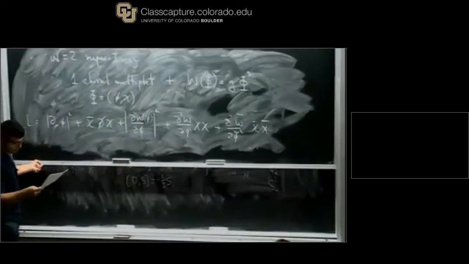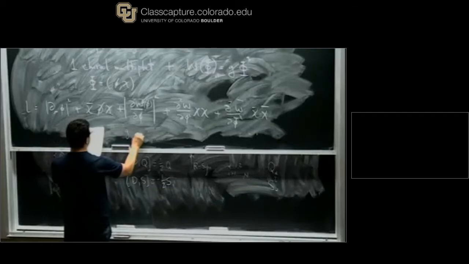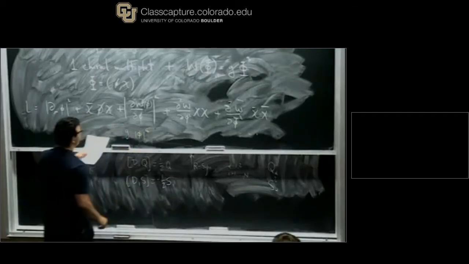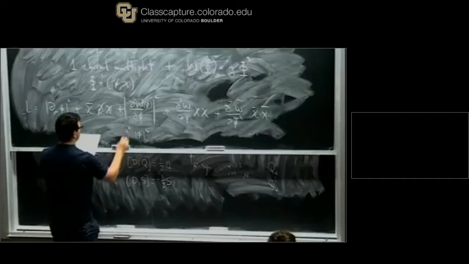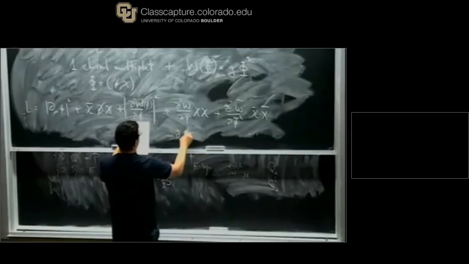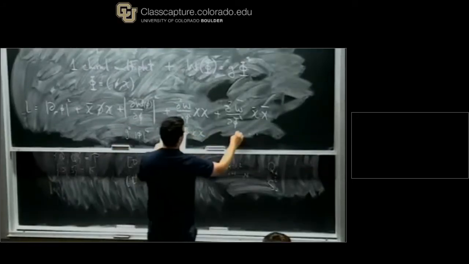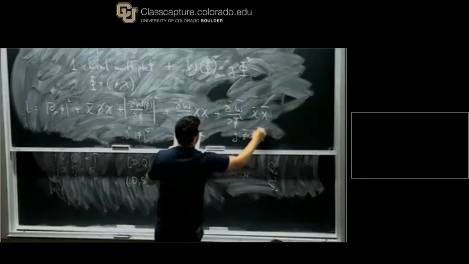So in this case, there's a quartic coupling for these scalars. This is g squared times the absolute value of phi to the fourth. And this term gives g phi chi chi, and if g is real, this term gives g phi bar chi bar chi bar.